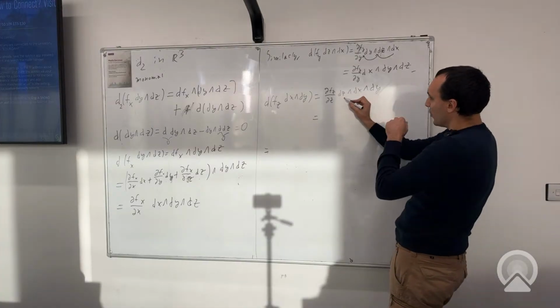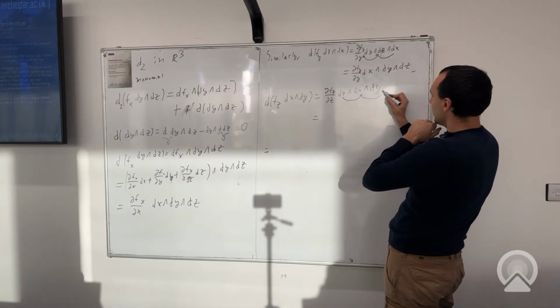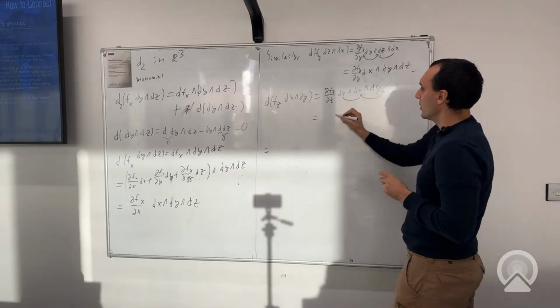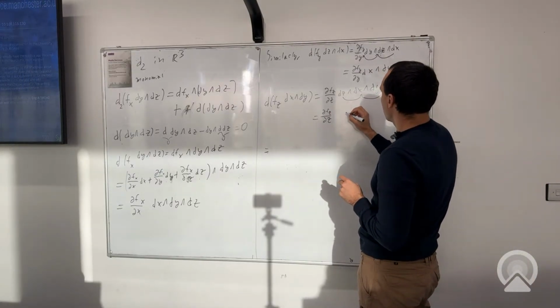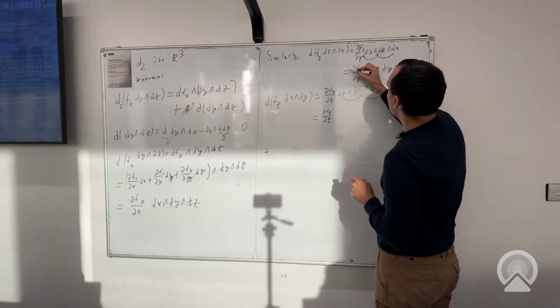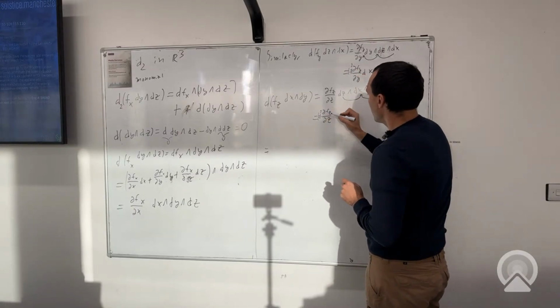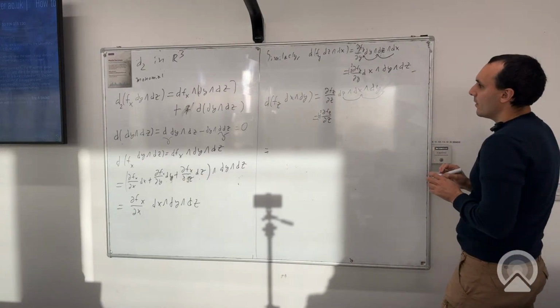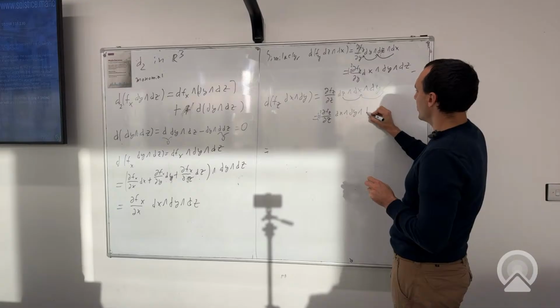And this time we'll have a movement here and also here. So two movements, so (-1) to the second power, and here as well (-1) to the second power, dx wedge dy wedge dz.